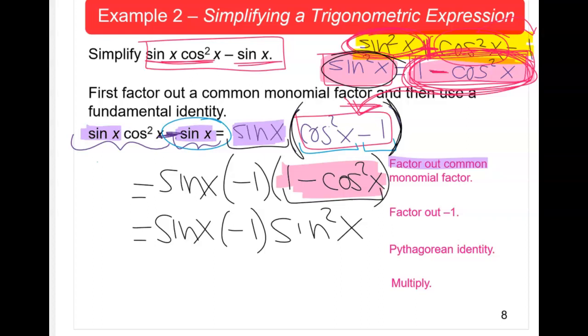So now all we got to do is multiply. We have sine to the first power, sine to the second power. If we multiply those two, we're going to have sine to the third power. And we cannot forget x. And now the negative 1, we just put as a negative sign in front of the expression.